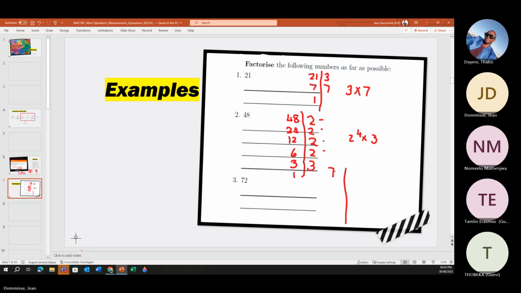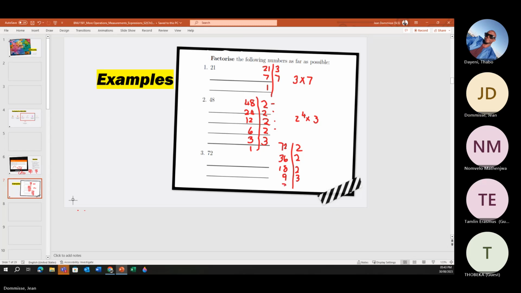Again, I start with 2. 2 goes into 72 36 times. 2 goes into 36, what's that? 18. 2 goes into 18 nine times. 3 goes into 9 three times, 3 goes into 3 once.